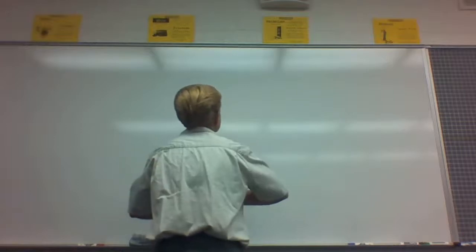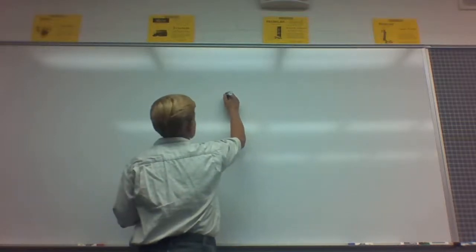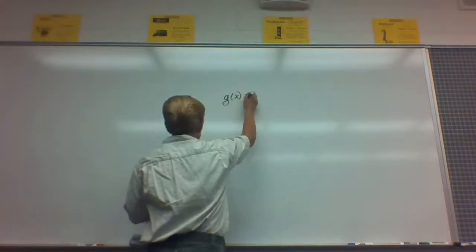You following? Okay. You have to be able to recognize what the parent graph is, because they won't tell you that. So the very first one is something like this. The thing you have to graph is g of x. It doesn't matter what they call it.